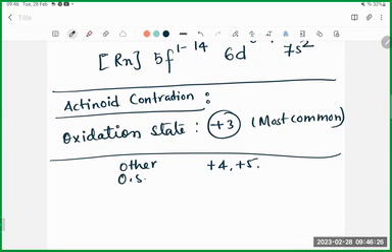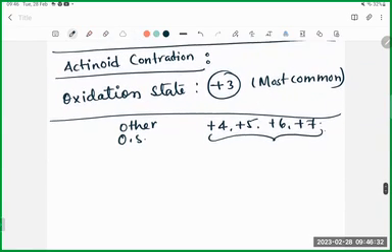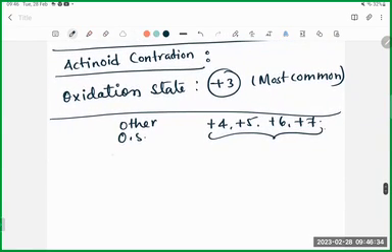Sometimes they ask, name the elements which have the +7 oxidation state. Let me tell you, Np, neptunium, and plutonium. These two elements have the +7 oxidation state.